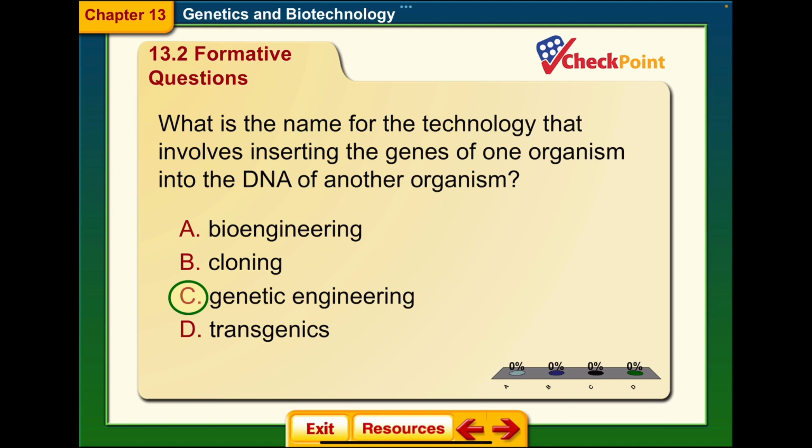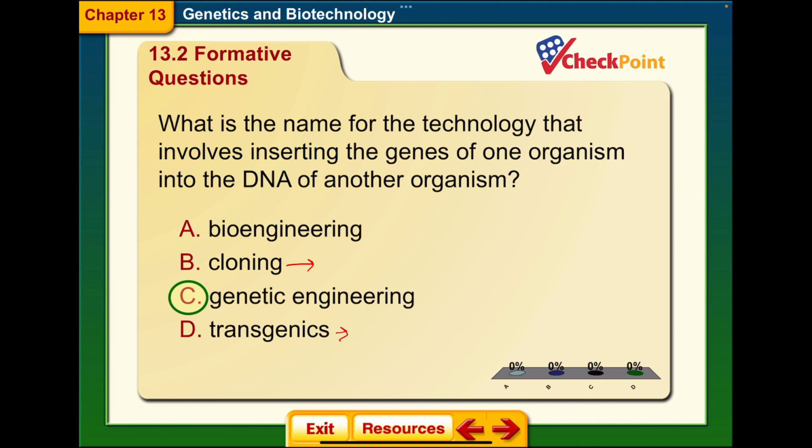We didn't talk anything about bioengineering. And when we talked about cloning, we said that it's identical copies of something. And transgenetics, if you just open your books and read up the meaning, we talked about transgenic organisms, and we said that they are genetically engineered organisms, by inserting a gene from another organism.